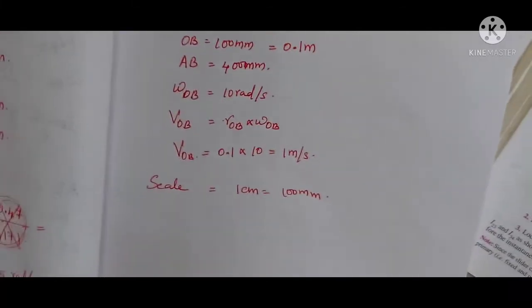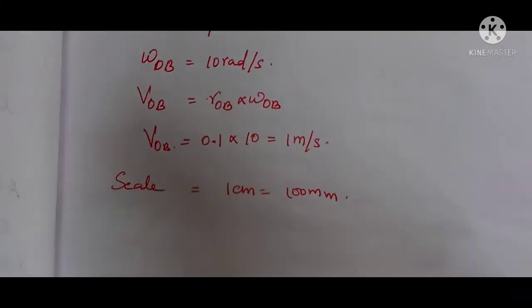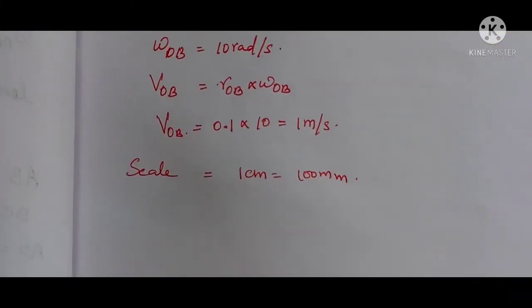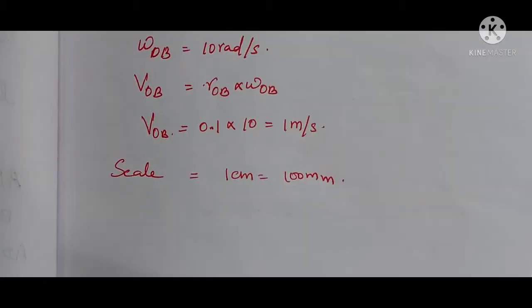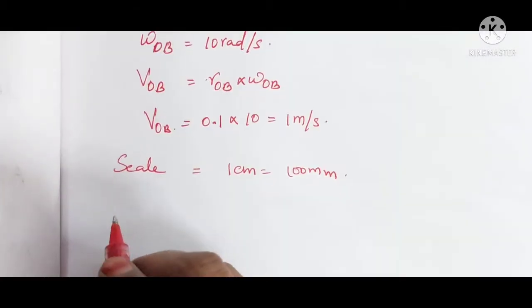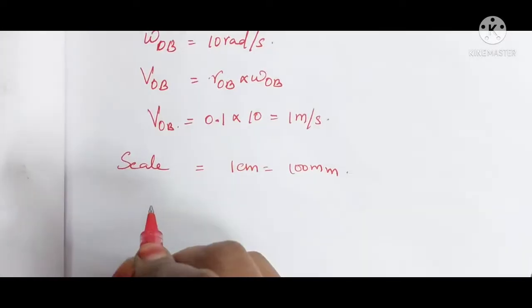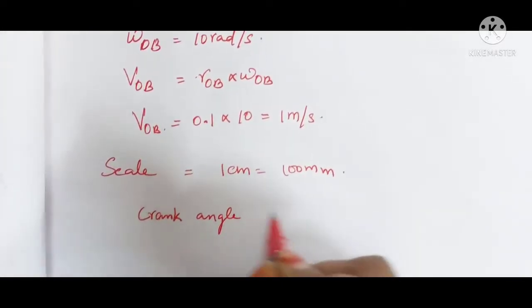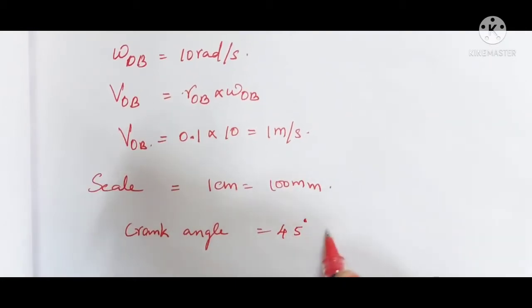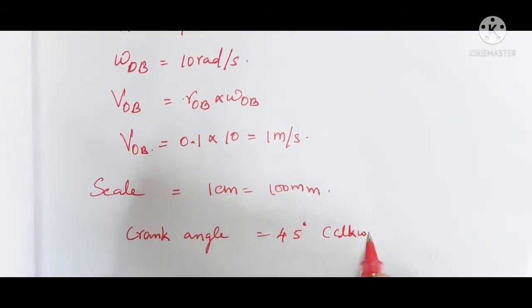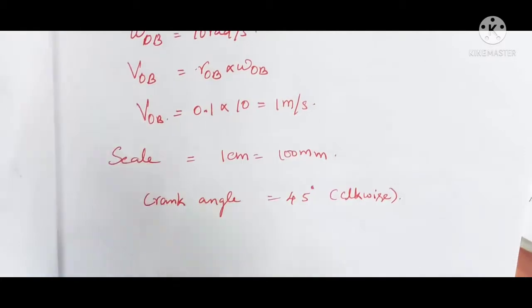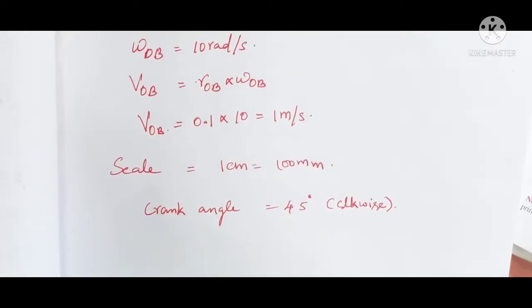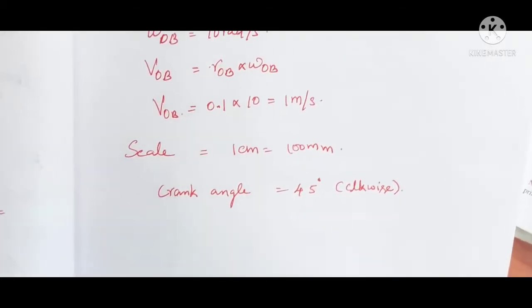The angle for the crank is given in the problem: the crank angle is 45 degrees and it moves clockwise. Based on the rotation of the crank, we need to draw the space diagram.